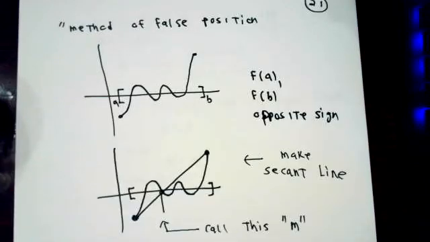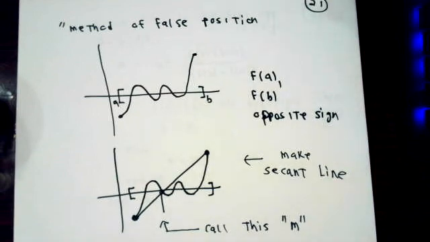So the premise is, as usual, I have a continuous function on the interval from A to B. The function values at the ends have opposite signs, so certainly somewhere between A and B there's a solution.